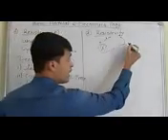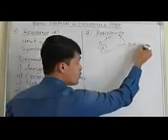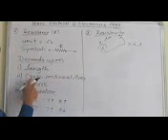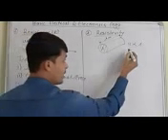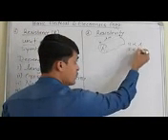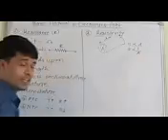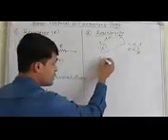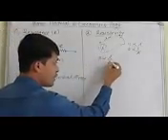We know the resistance is directly proportional to the length of the conductor, and inversely proportional to the cross-sectional area. Therefore, the resistance is directly proportional to L upon A from these two relations.